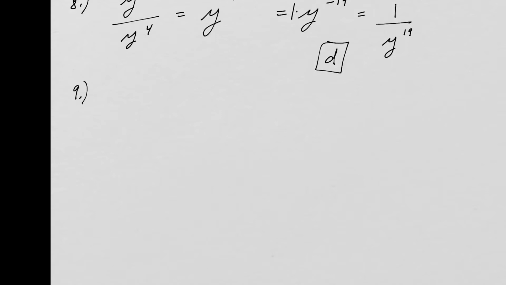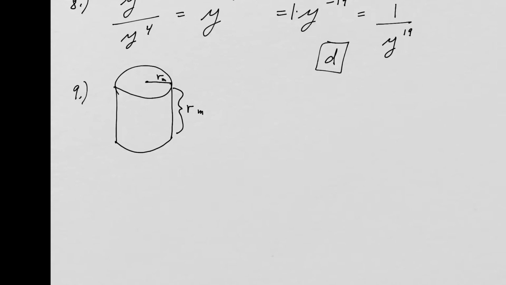Okay, so they give us a cylinder, right? Let me see if I can draw this out. So something like this. They tell us that the radius is r, right? It's r meters, and the height here is also r, right? These are meters for the measurement, meters.